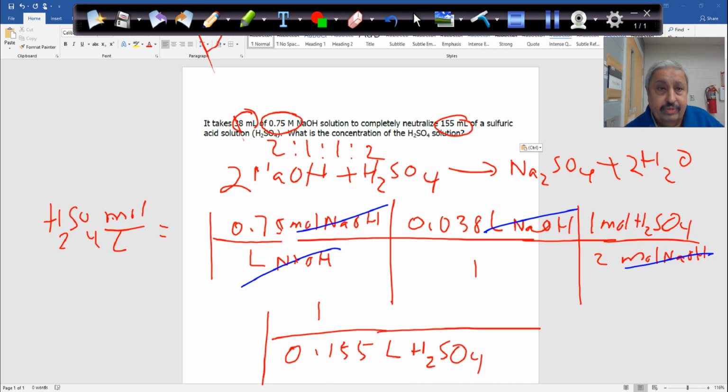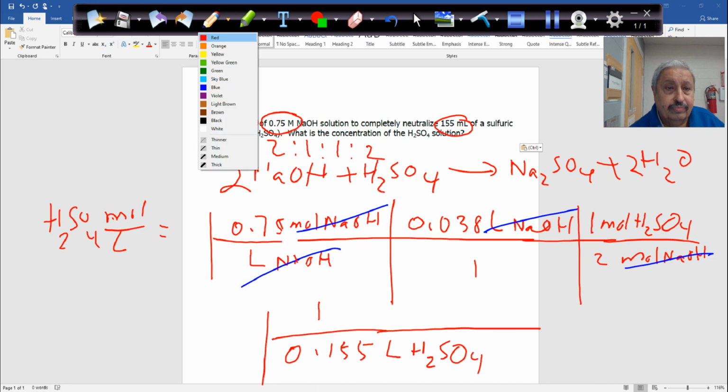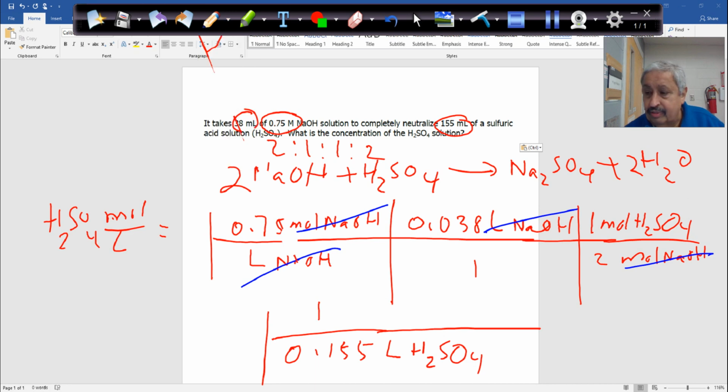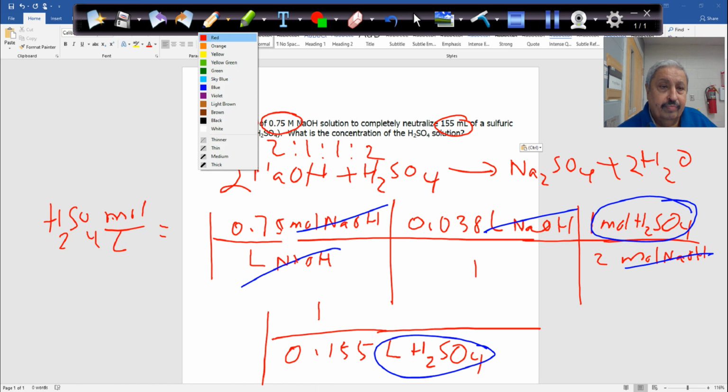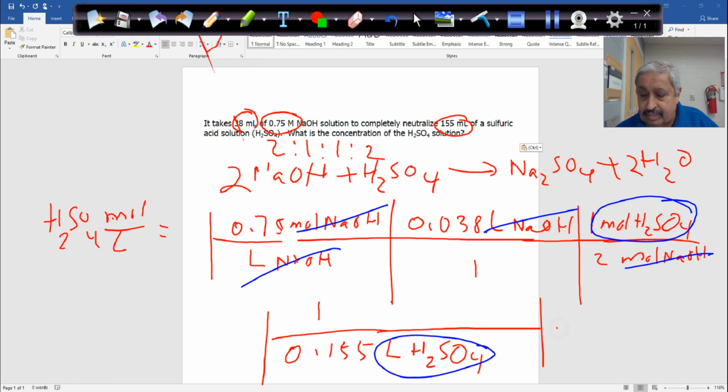So now you have the units left only mole per liter. That's the molarity. So if you look at the whole thing here, that will give you the answer.